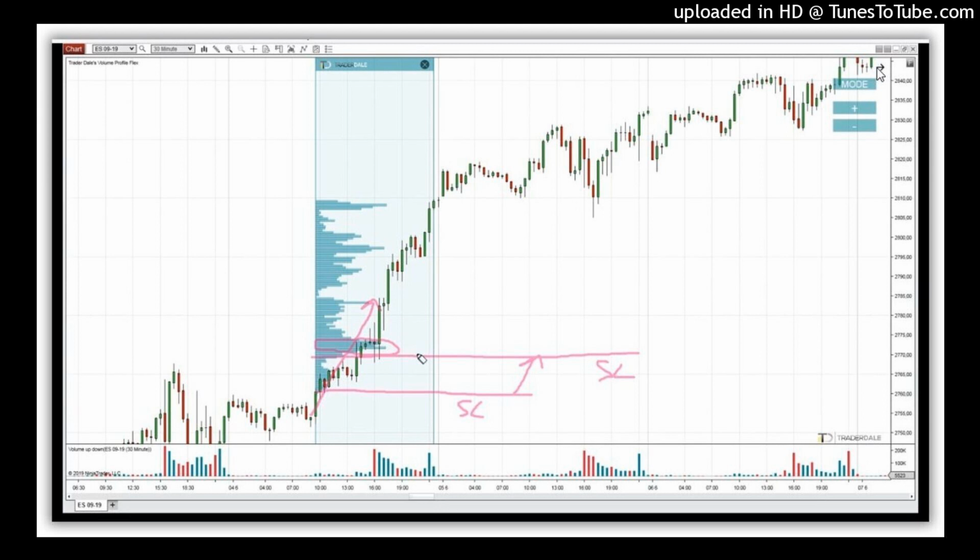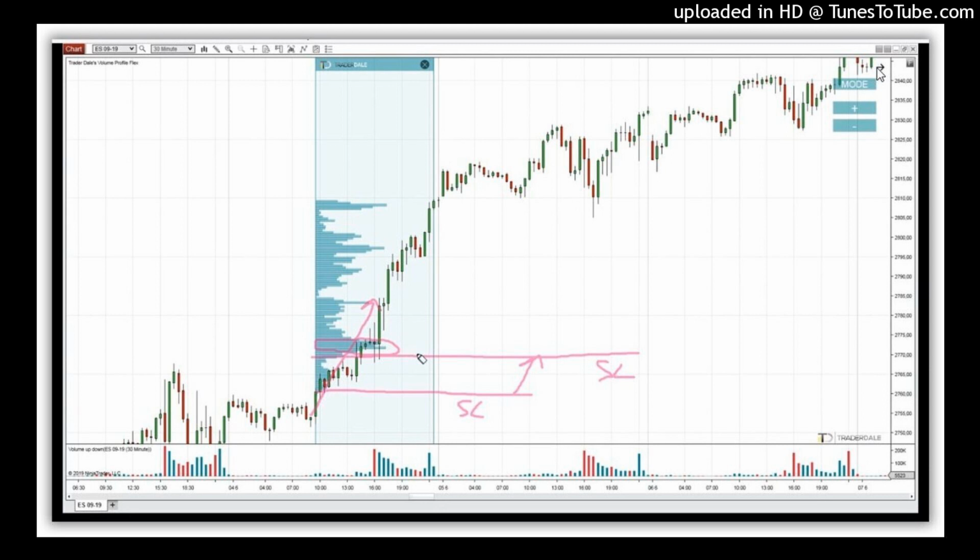And the ideal stop loss for the first long could be either at this area or at this area. I would personally choose this one to let the trade breathe.